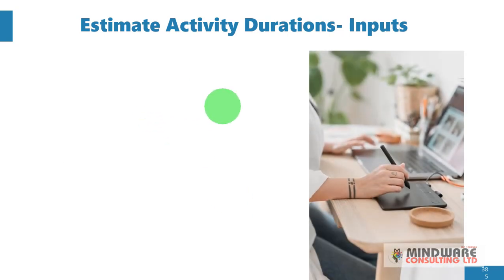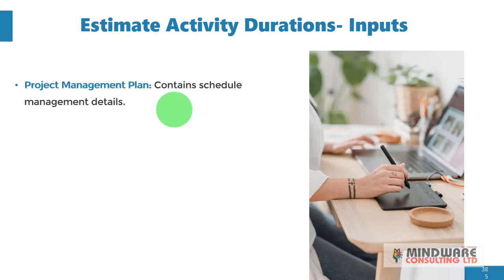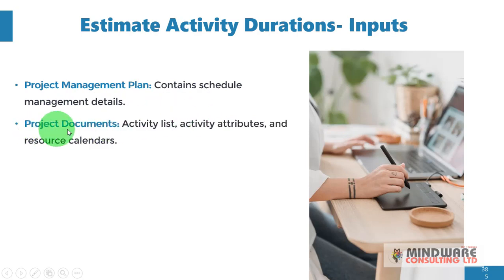Firstly, what are the inputs in the estimate activity durations process? Number one, the project management plan. As always, it contains schedule management details. The project documents: this is a list of activities and activity attributes, as well as resource calendars.